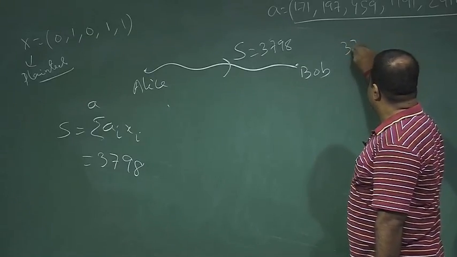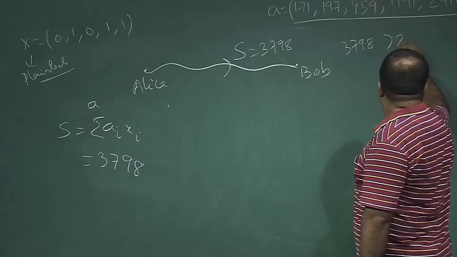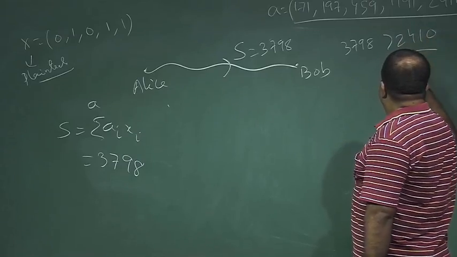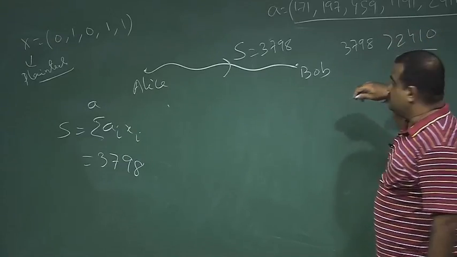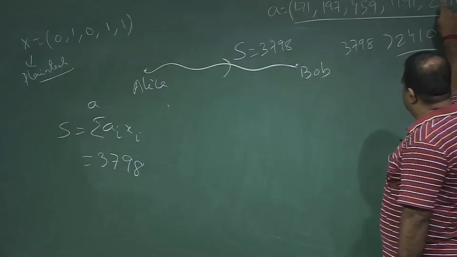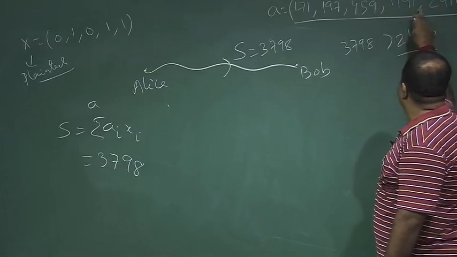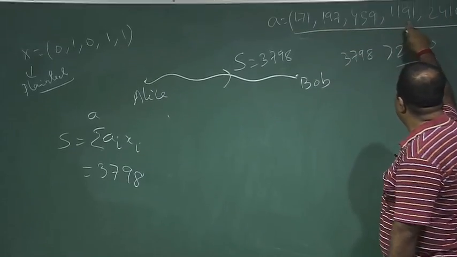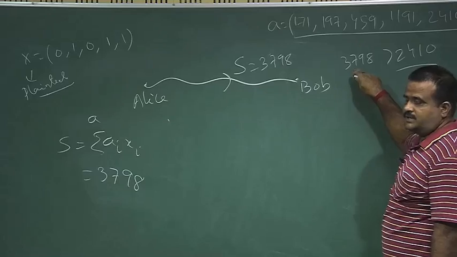So 3798 is greater than 2410. We are applying that algorithm which we have discussed. Then we have to add this, otherwise, since this is super increasing, by summing all the others we cannot cover this.